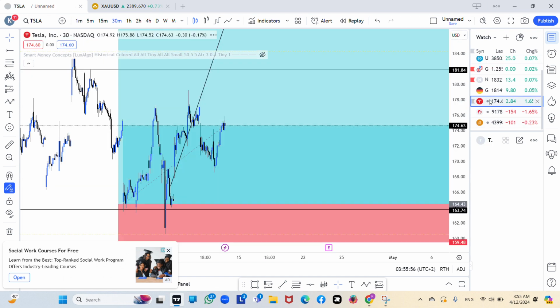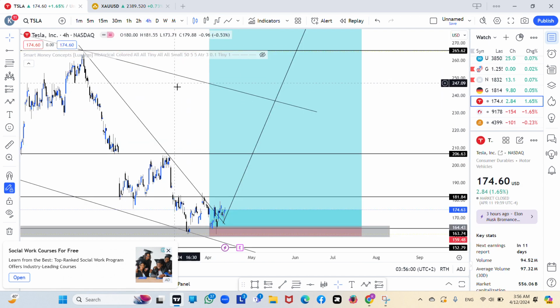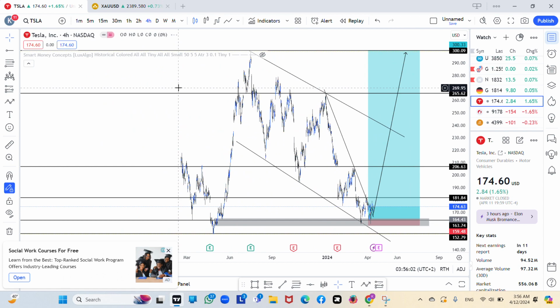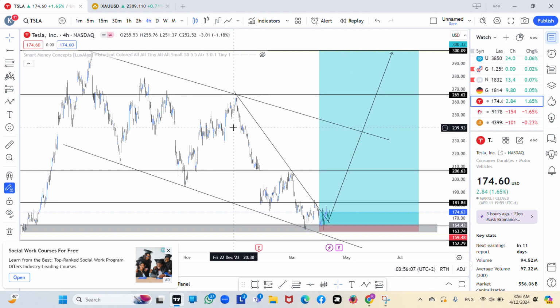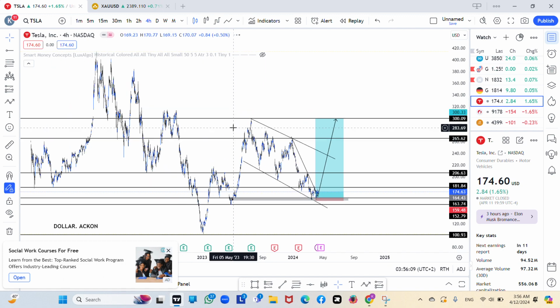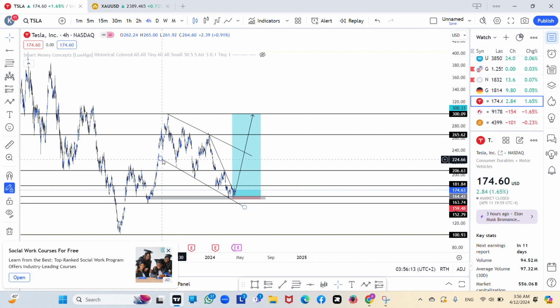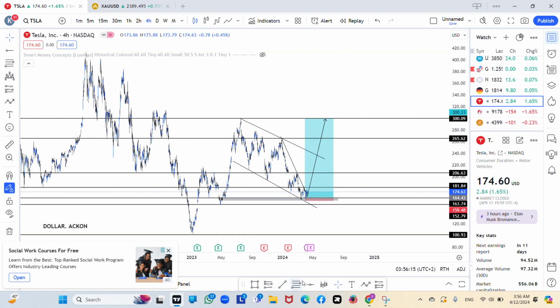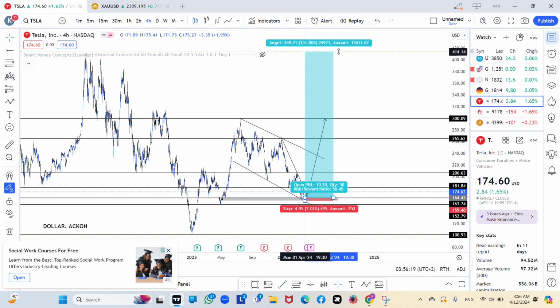So I actually had an analysis for Tesla, guys. If you got at least somewhere like 4k, 3k, buy this Tesla stock. This is my analysis. In fact, I think from here Tesla will go straight up to create new highs, guys.